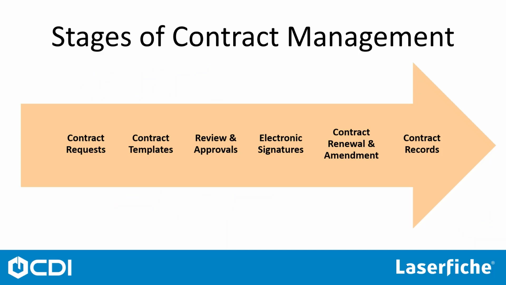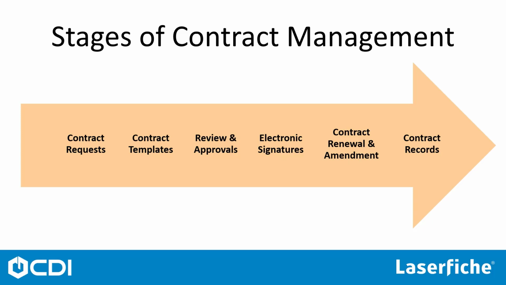So if we look at the standard stages of contract management, we'll note that most contract processes or review processes are very similar. So here we've got the contract requests. So that's the initial, I want to engage with a vendor for a specific something. Then we identify the template that we need to use. We review, we go back and forth internally, maybe we go back and forth with a vendor.